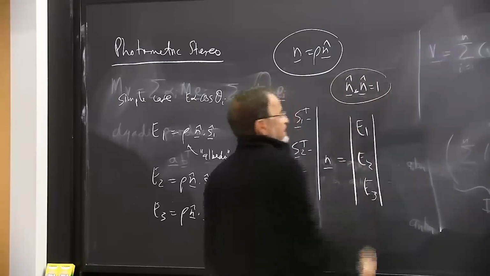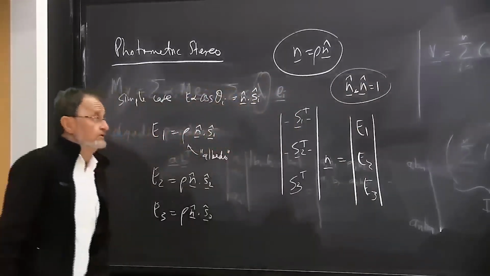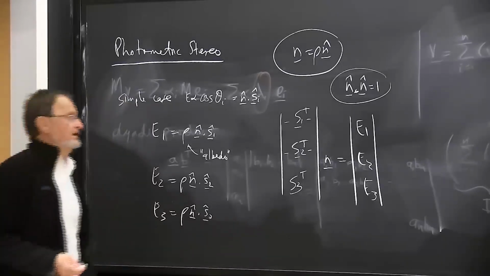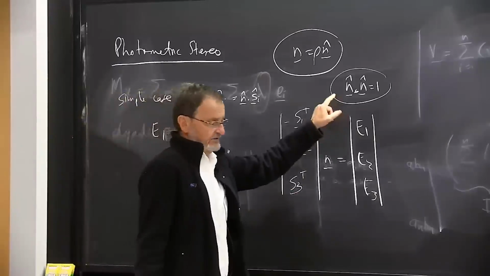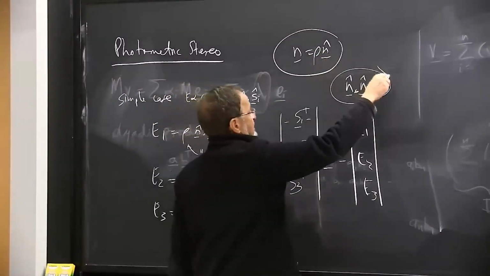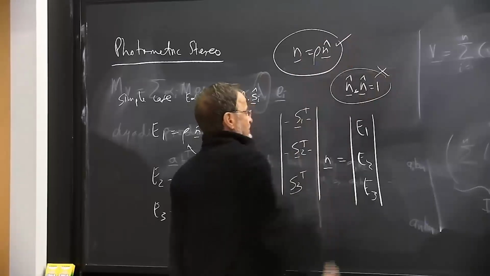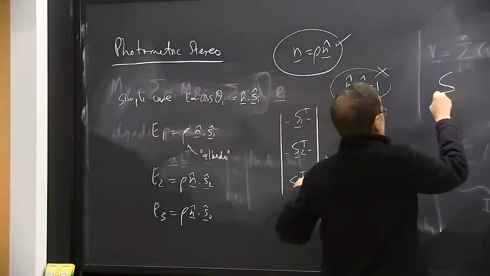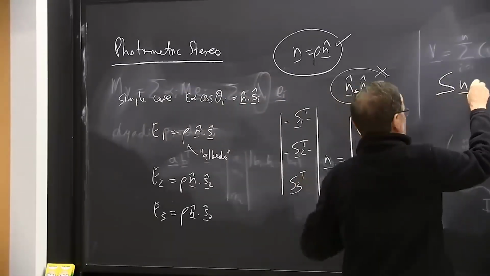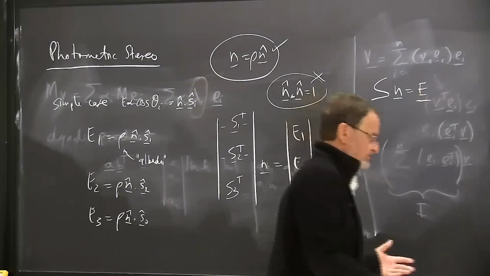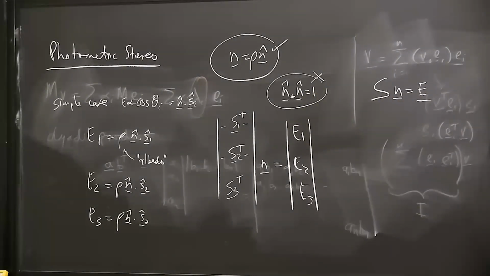See, the thing that leads to 2 solutions is a quadratic, and why do we get a quadratic? Well, because we have this second order constraint on n. But by doing this, we avoid having to do that. Okay, so that I can just write as a matrix S times vector n is vector E.